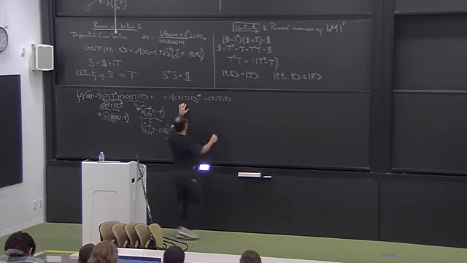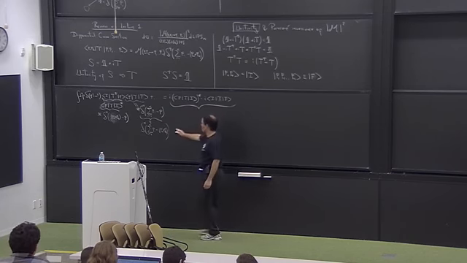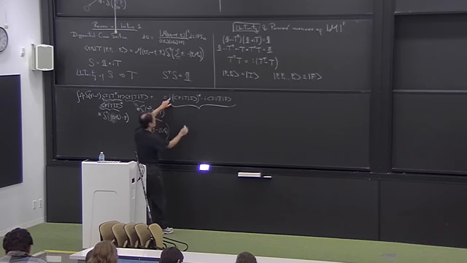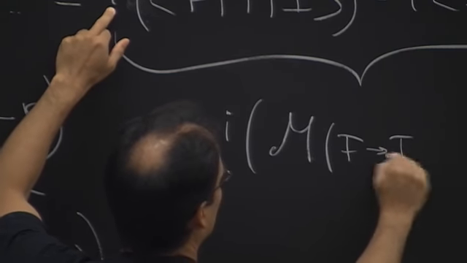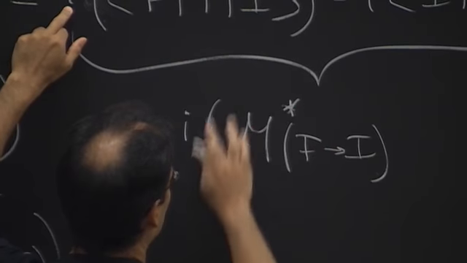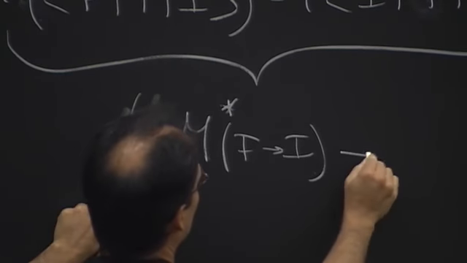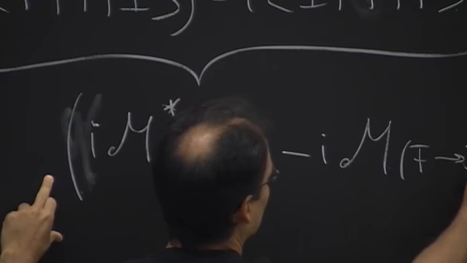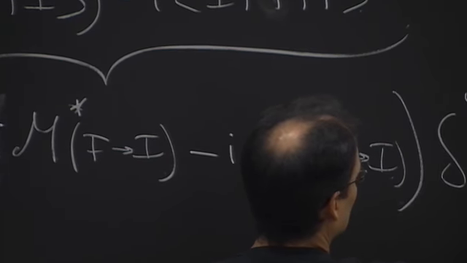Now, the same thing happens here. In other words, this thing also has an overall momentum conserving delta function of this form. So I'm going to write it explicitly, but I'm going to do it like this. So I'm going to put the M from f to i star, so I can actually remove the i, minus i M from f to i times a momentum conserving delta function.